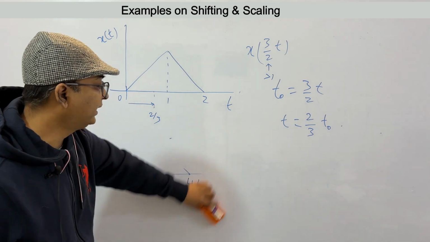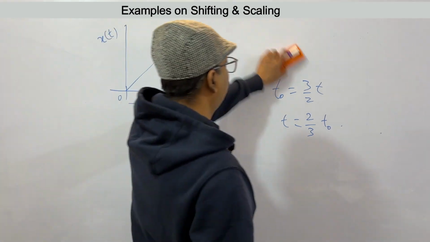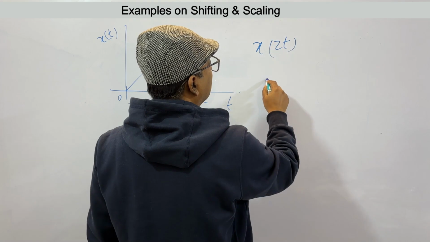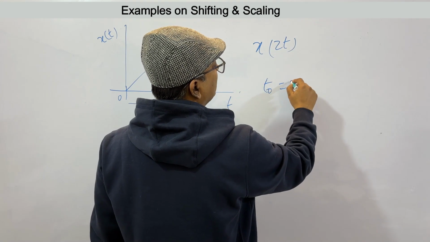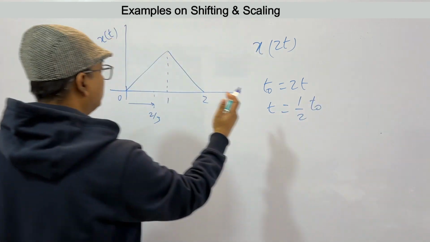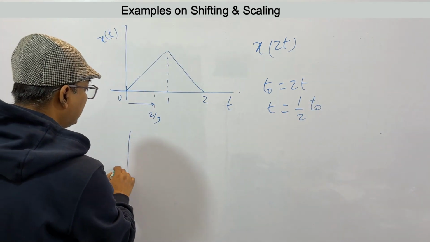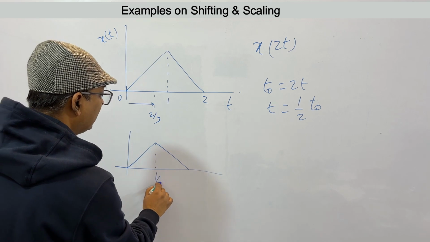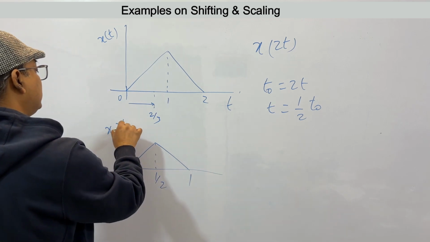Similarly, if we have to find x2t, so our new, this will be 2t. So t will be half of t0. So this will be reduced by half, compressed by half. So our new wave will be like this. This will be at half and this will be 1, x2t.